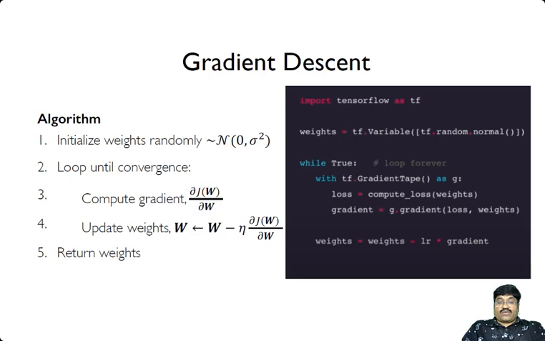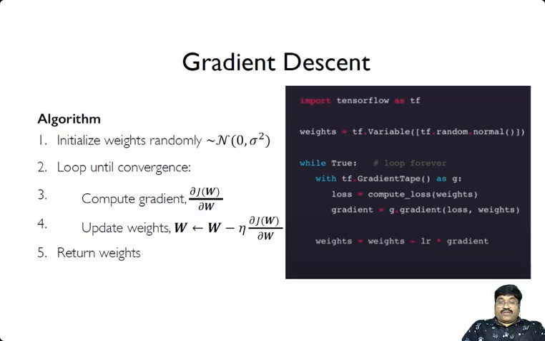Then we update our weights in the opposite direction of that gradient and take a small step, which we call here eta, of that gradient, and this is referred to as the learning rate. We'll talk a little bit more about this later, but eta is just a scalar number that determines how much of a step you want to take at each iteration. How strongly or aggressively do you want to step towards that gradient?